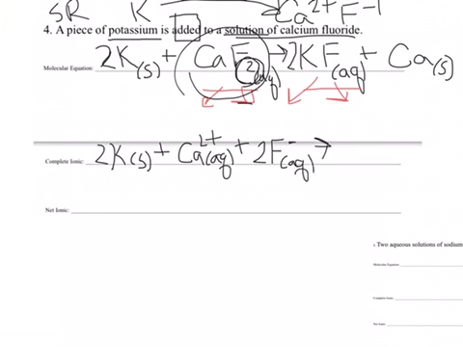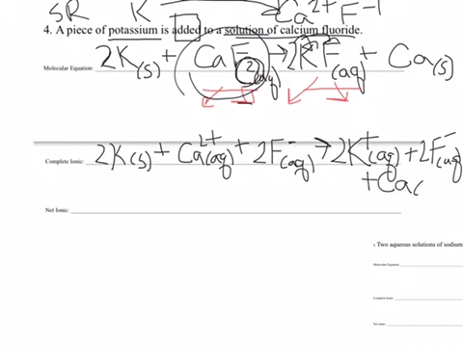And then again, potassium fluoride is aqueous, so we need to split that up into ions. The coefficient 2 goes to the potassium and the fluoride. And then I'm running out of room, so I'm going to write the calcium down below. It is a solid, so it does not get any charges. So that is the complete ionic equation.